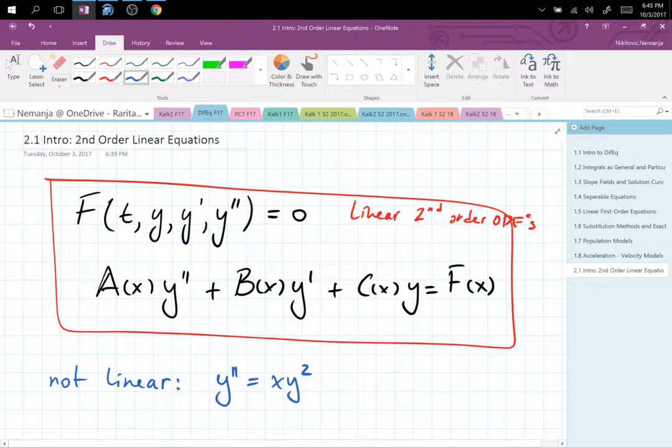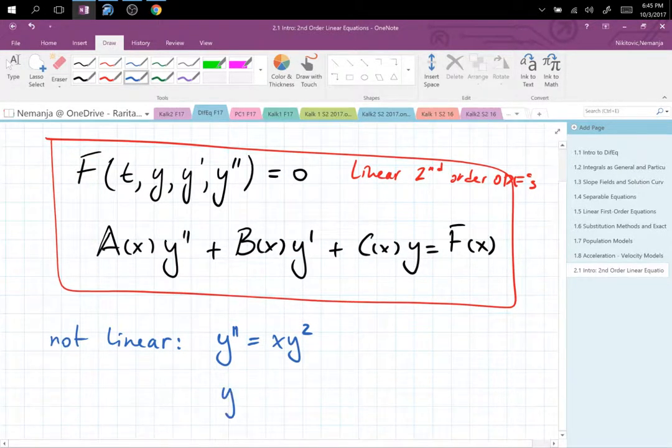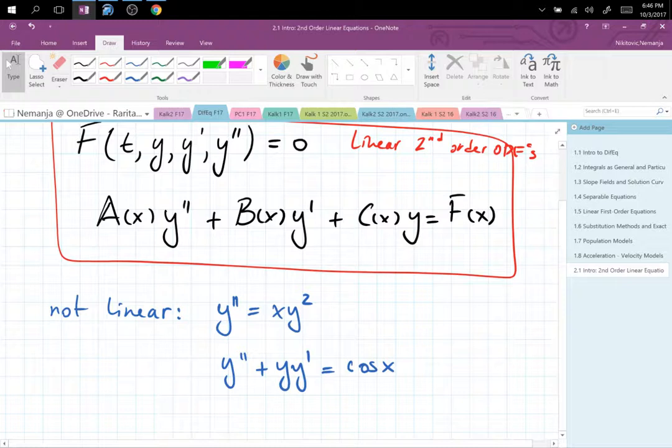That's not linear because of the square. Y double prime plus y y prime equal to cosine x would be okay in every aspect, but those y and y prime are multiplied, and that breaks the linearity. The textbook has y prime squared and y cubed. All of these issues are there.